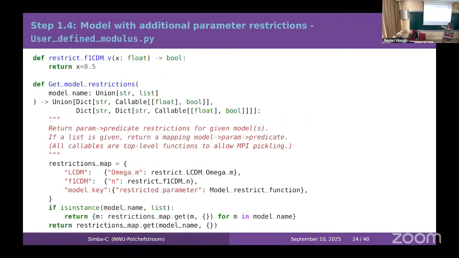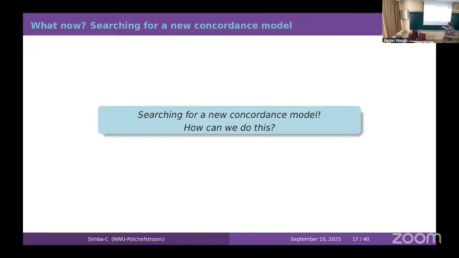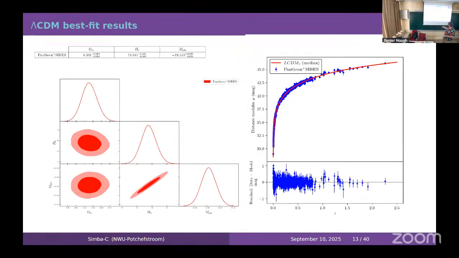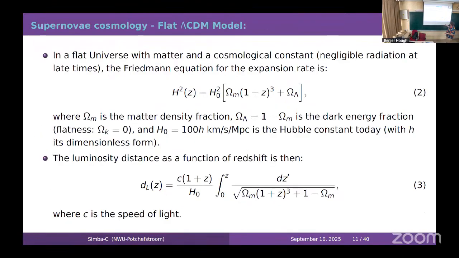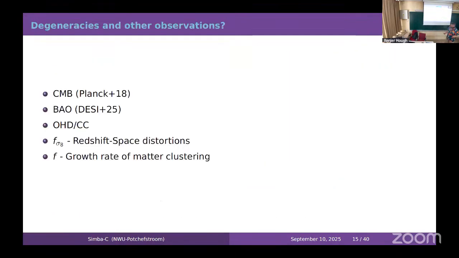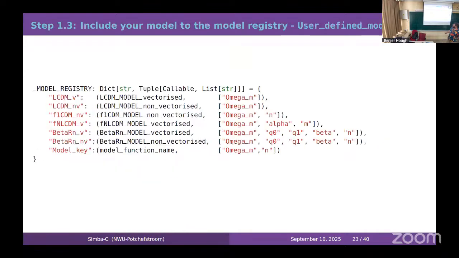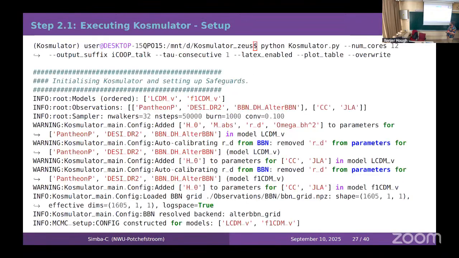For instance, this would be your model, which in this case only has omega m. But to complete the entire model, you still need H naught as well. Your model doesn't have this, I'm just adding it in because it's necessary for the run to complete.